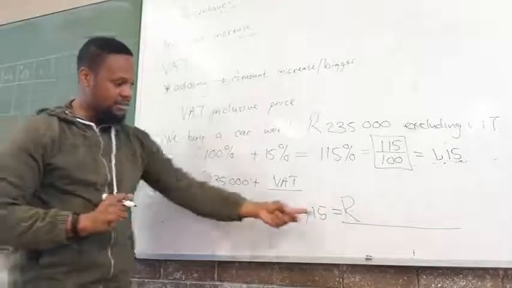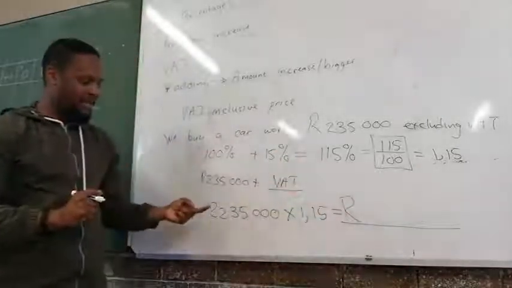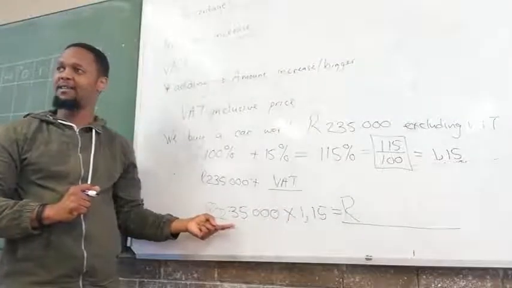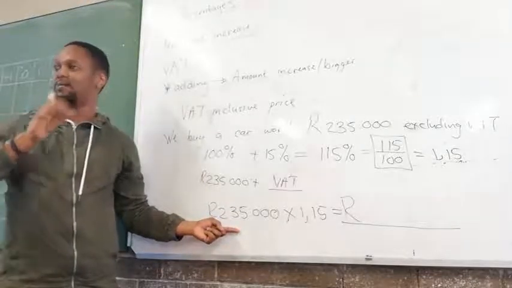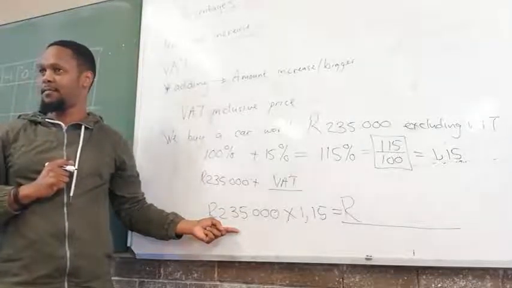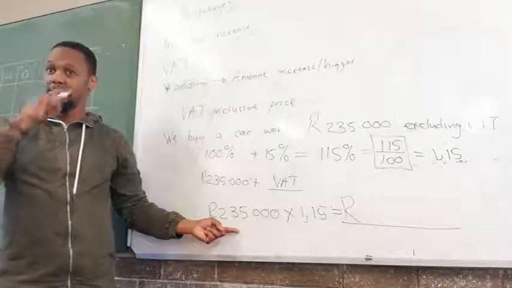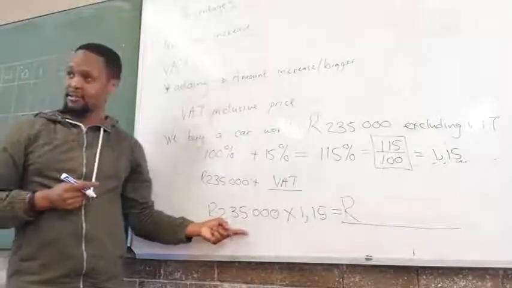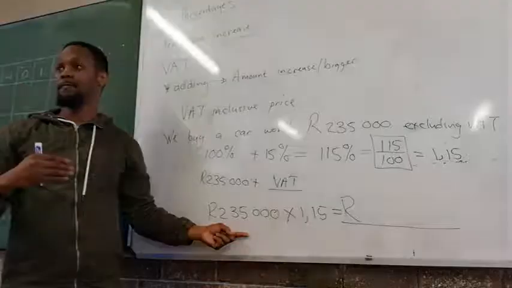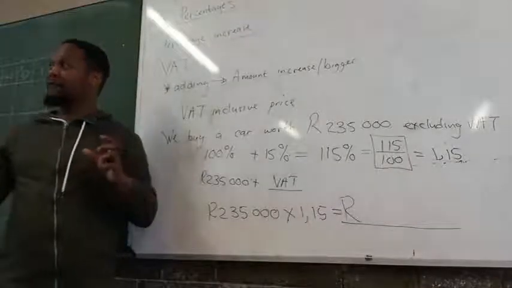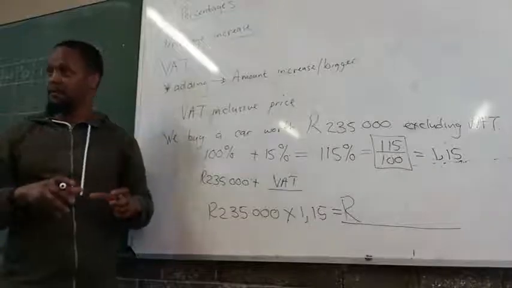So this answer that we get here must be more than the answer that we started with, because we have added that into that amount as well. So if your answer at the end of the day is less than this answer, then you need to redo that, because you have not yet included the VAT.